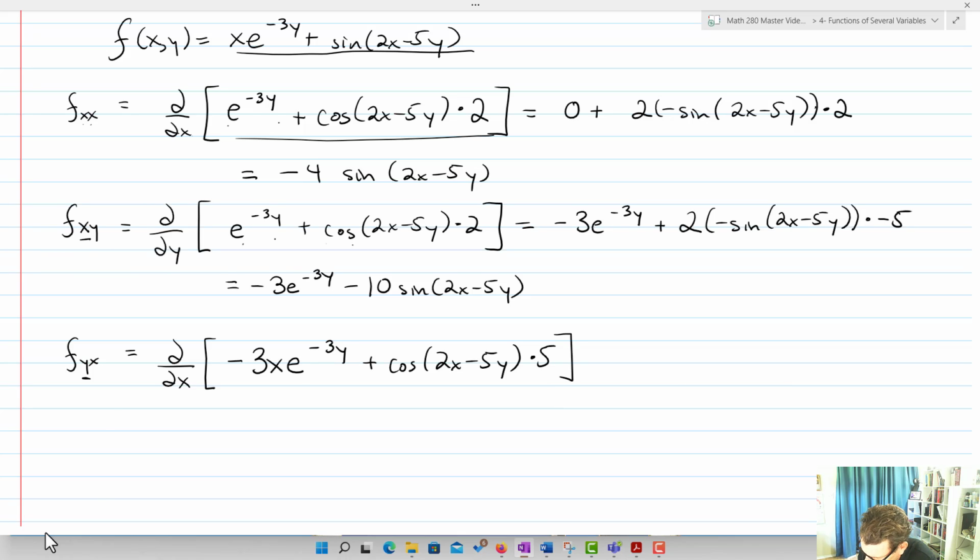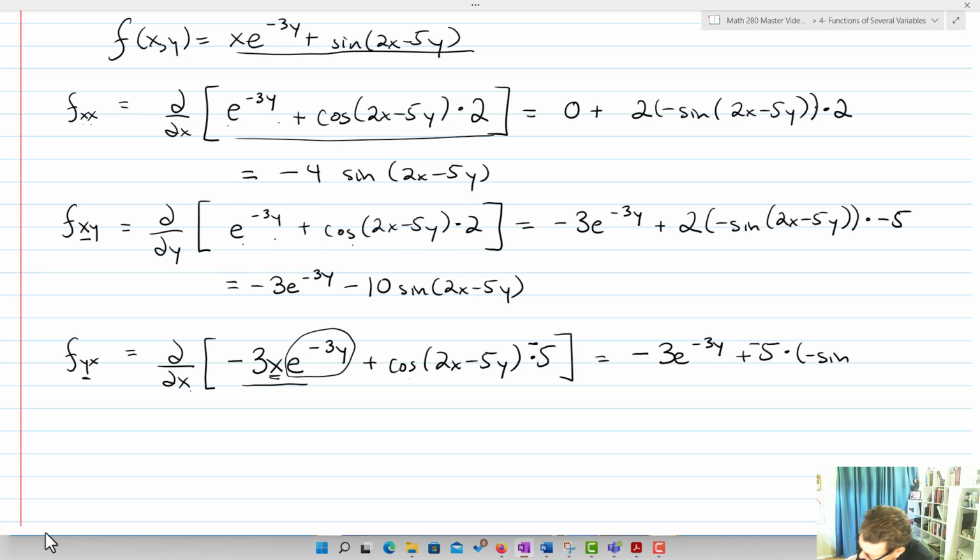Now we've got to take the derivative with respect to x. Well, if I look at this, notice that e to the negative 3y has no x's in it. Just the x here, we take that derivative with respect to that x, that's just 1. So this gives me negative 3e to the negative 3y. Then plus, and this will be 5 times, and then this is going to be negative sine, okay, negative sine, oh, this should have been negative 5, pardon me, that's negative 5 there.